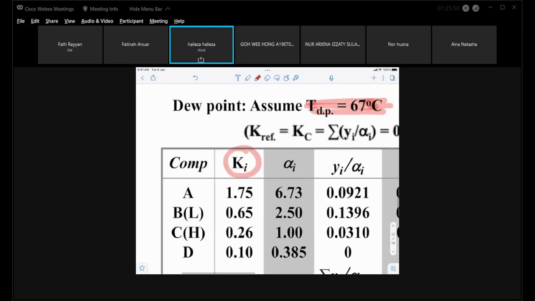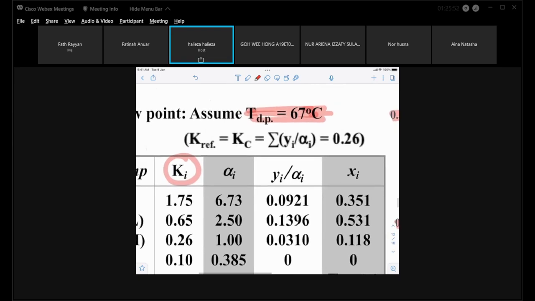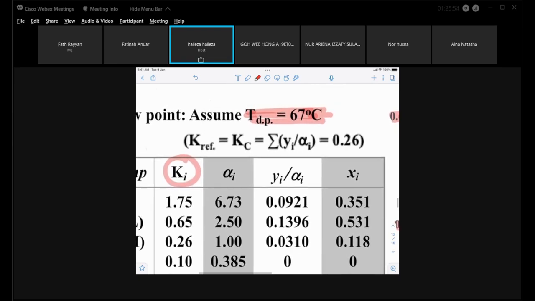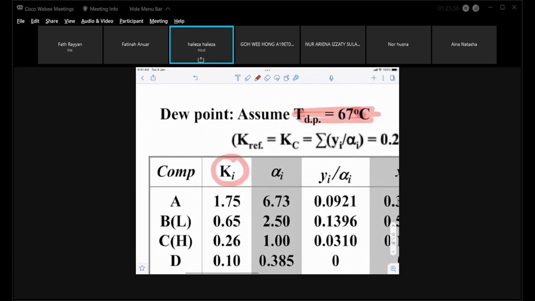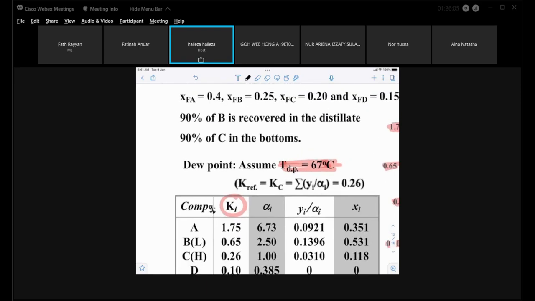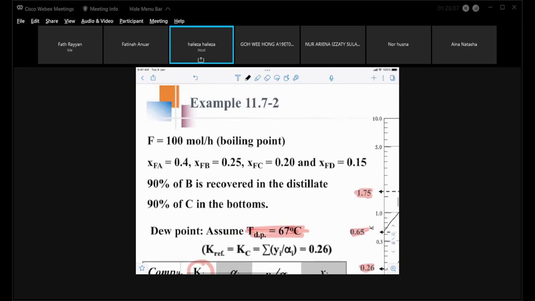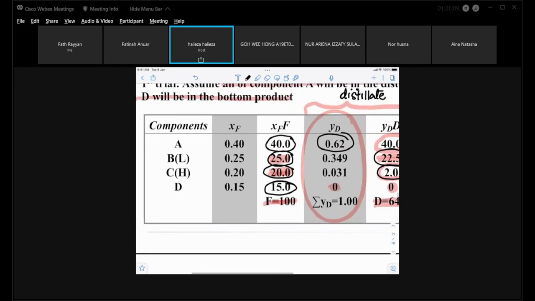I should be using the composition Y, the top composition, the top product, the distillate that we got earlier. I should have one column there.